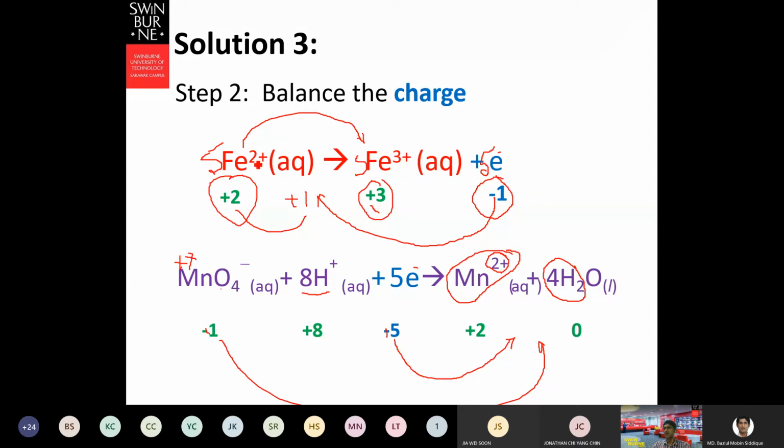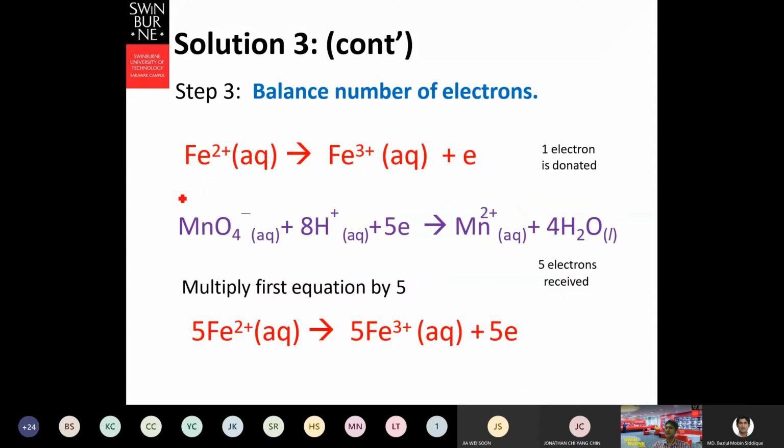Okay, so in this way my equation will be balanced if I multiply by 5, and then I add these 2 steps, this one and this one. I add these 2 steps because iron is one reactant and manganese tetroxide is another reactant.